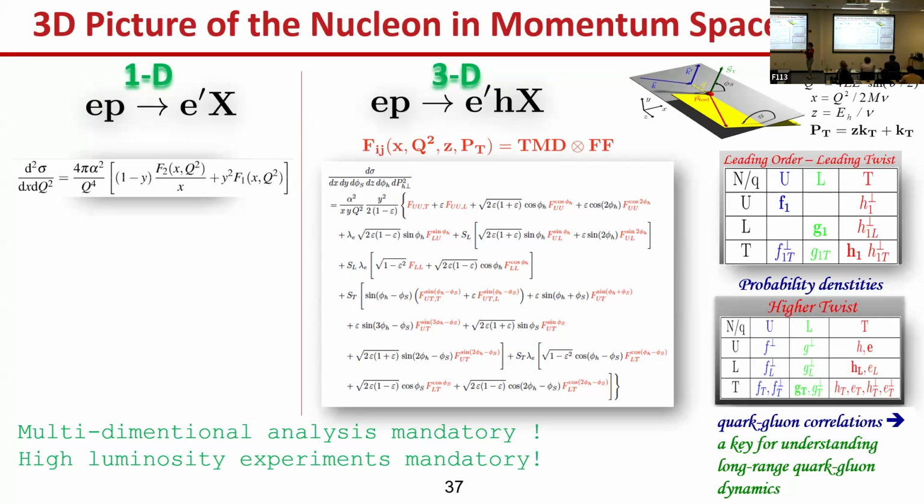Then I change the polarization of the beam, and I measure the asymmetry, which is the number of events with the polarization of the beam up minus the number of events with the polarization of the beam down, divided by the sum of the events. And this gives me the asymmetry. The asymmetry is then linked to this F_LU, and by doing this count and fitting my data with this function, I can extract these terms.